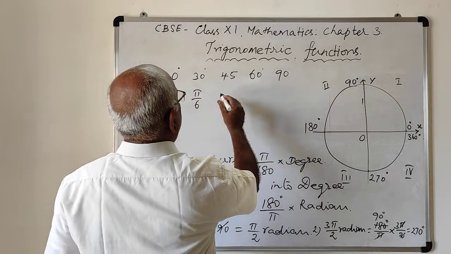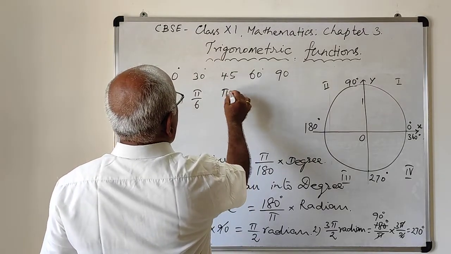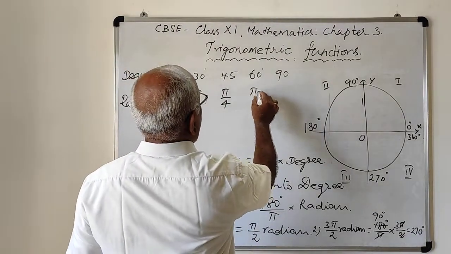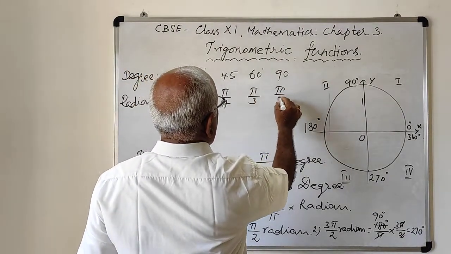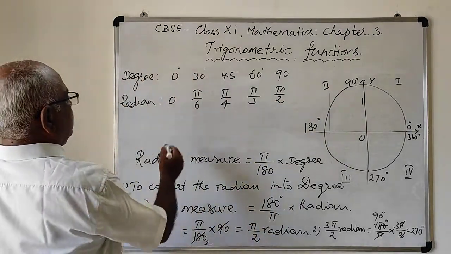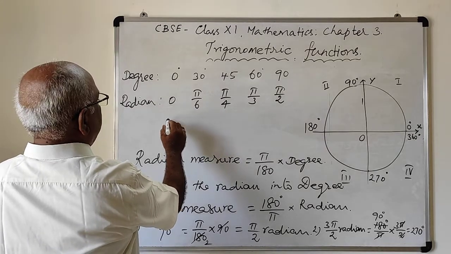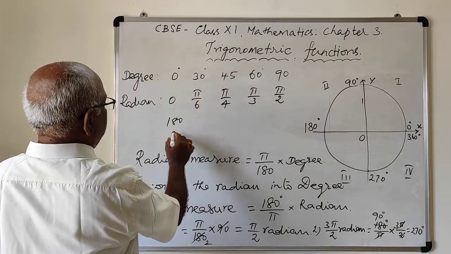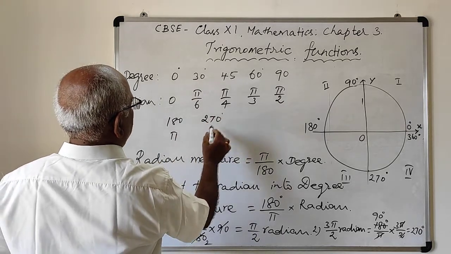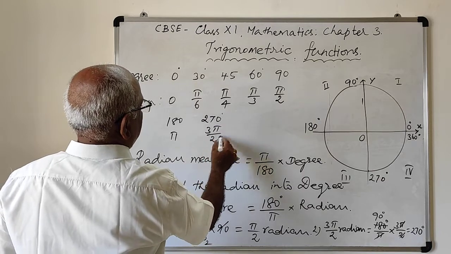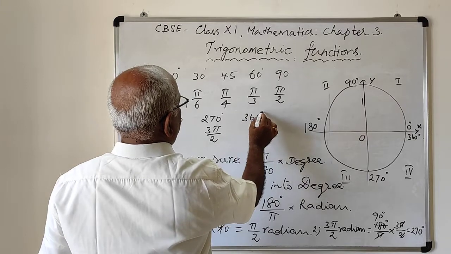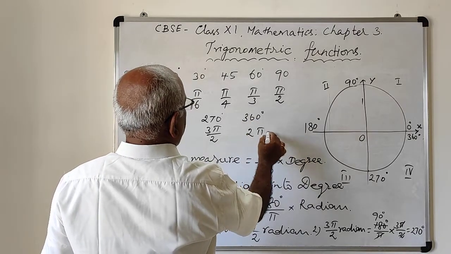45 is pi by 4, 4 times 45 is 180. 60 is pi by 3, 90 is pi by 2, we have determined already. And similarly, 180 degree is equal to pi radian, 270 is 3 pi by 2 radian, and 360 degree is 2 pi radian.